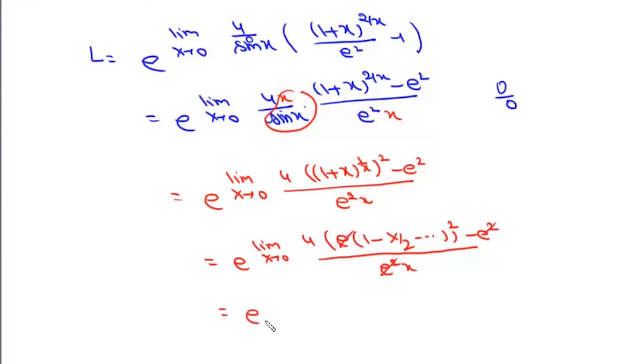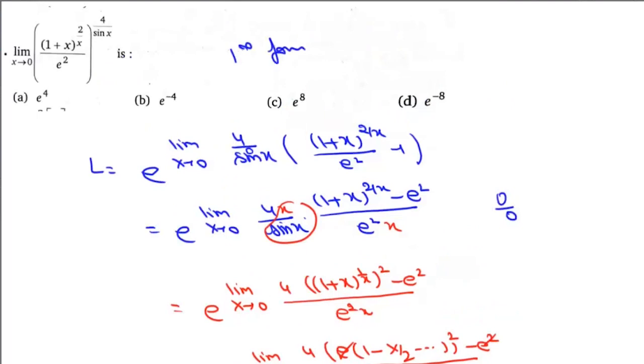So we'll get e to the power limit x tends to 0, 4 into, and then it will be 1 square and minus 2ab, so there will be minus x plus higher powers of x, minus 1 divided by x. Now this 1 and 1 will cancel, x and x will also cancel. So value of this limit will be e to the power minus 4, and that's your option B.